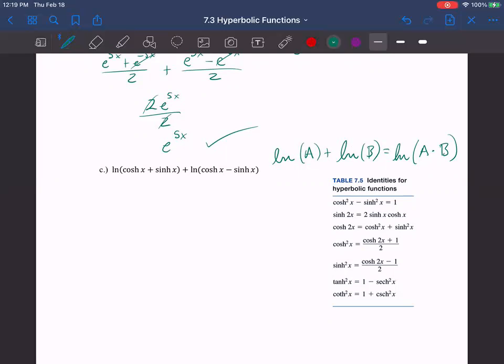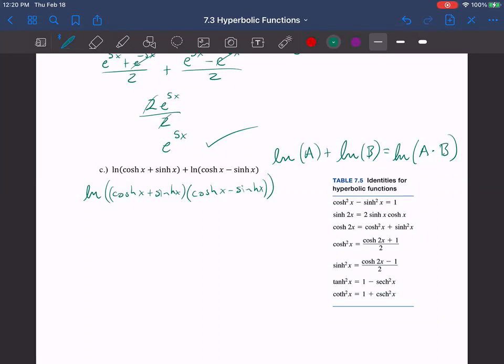So what should I do first? Like that. And y'all's favorite thing, the foiling, which I don't like to call it that, term by term multiplication, right?